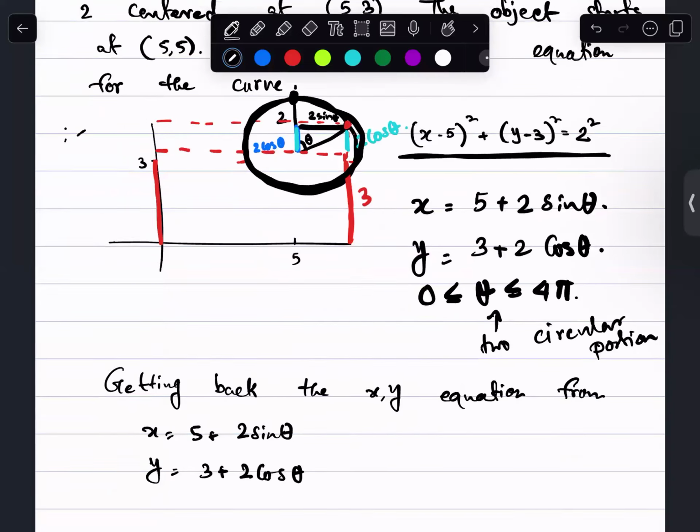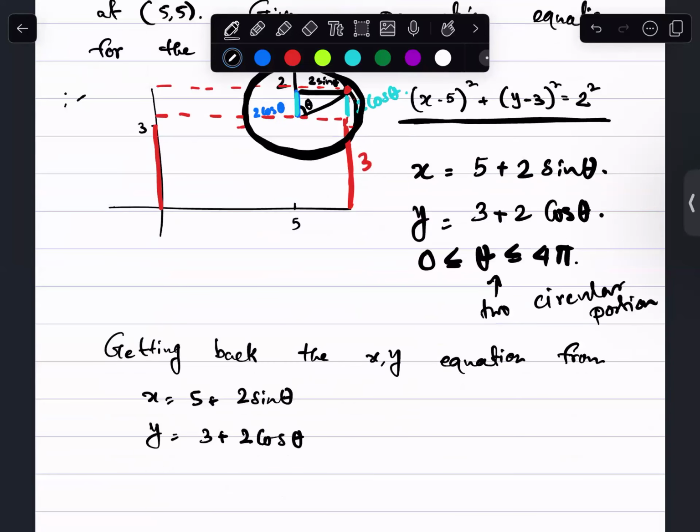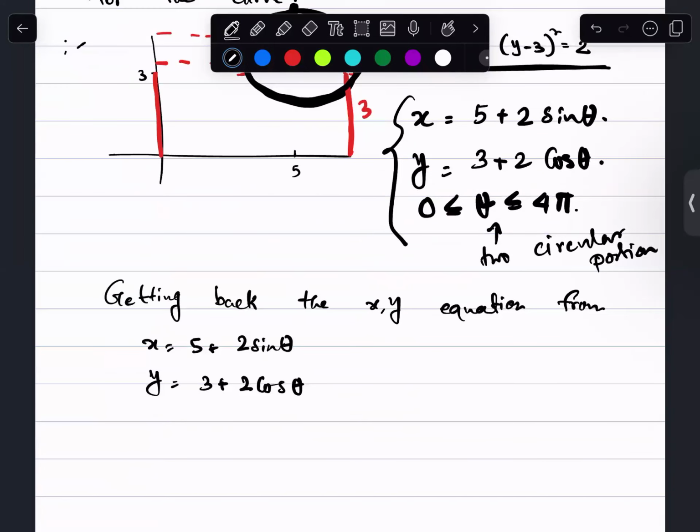Okay, now this is the parametric equation. And if I try to get back the xy equation from this, how will I proceed? Same way, I'll evaluate sine theta in terms of x, and then from this, I'll evaluate cosine theta in terms of y.